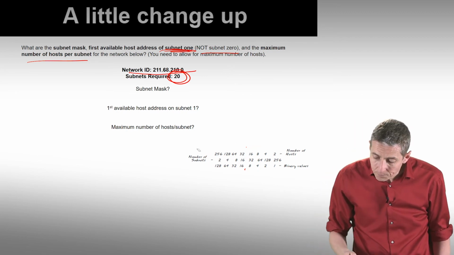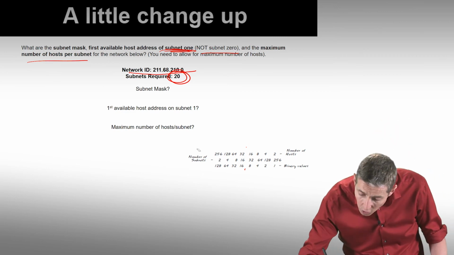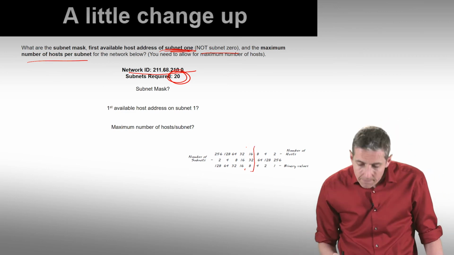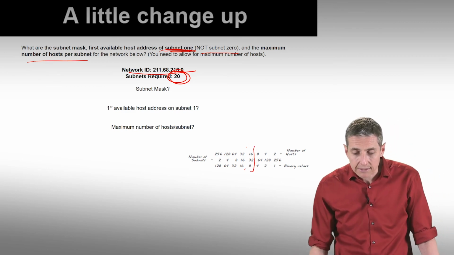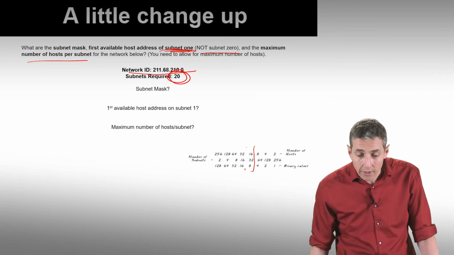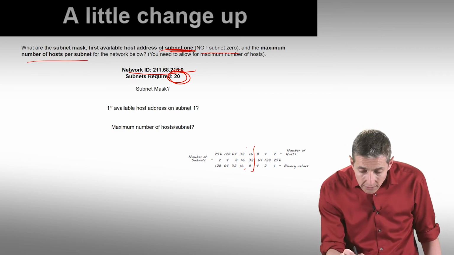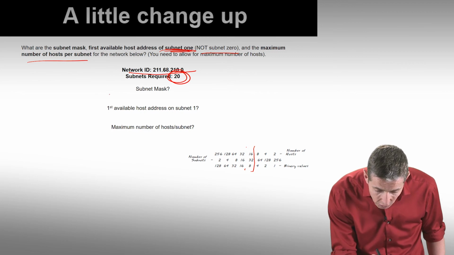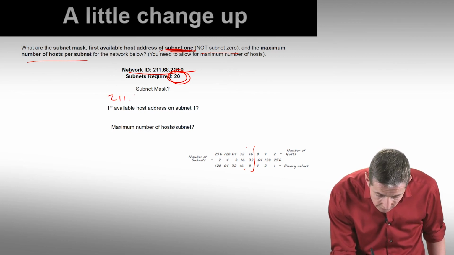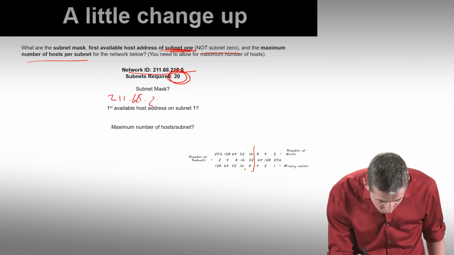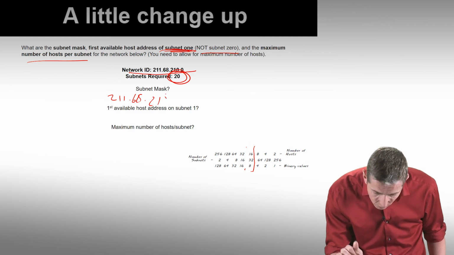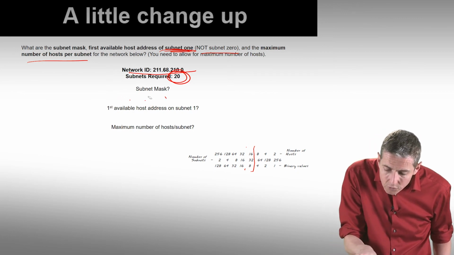Okay, so with that, if I know I'm drawing my line here, what is my subnet mask? So let's go in here. So I know I'm focusing. The network is 211.68.210. Subnet mask. Someone could have told me that one.